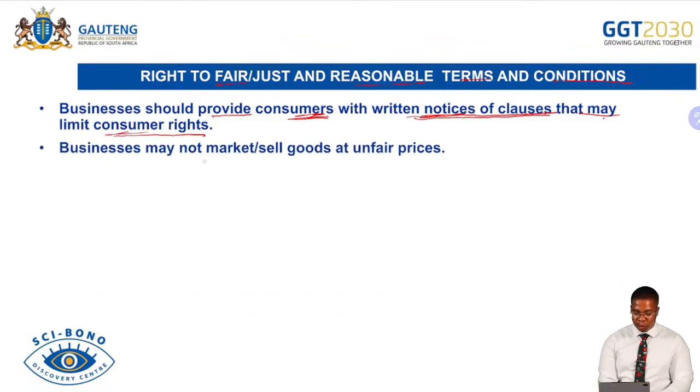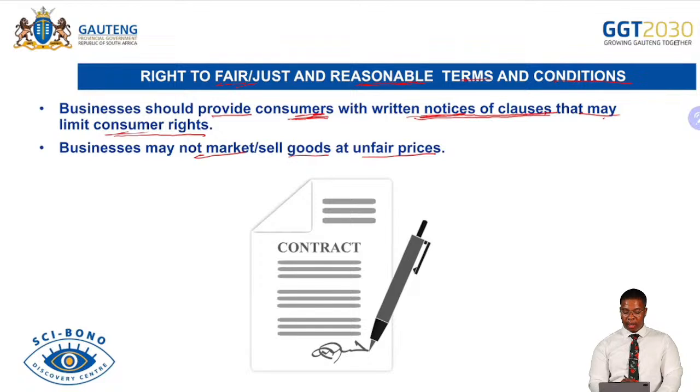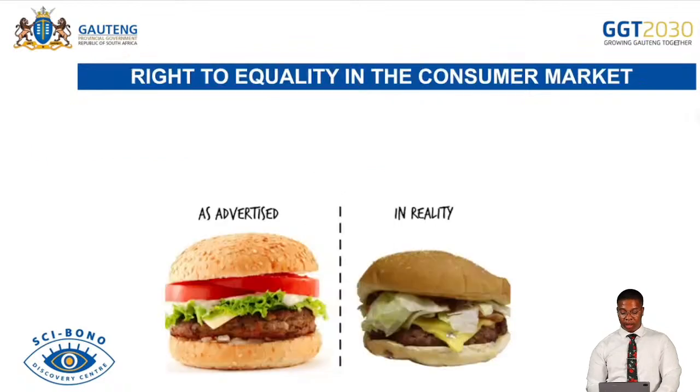Furthermore, businesses may not market or sell goods at an unfair price. That will not be fair, that will not be reasonable in terms of selling to the consumer. Then they should not do that. And with the contract as well, the clauses should be clear to say when you are buying this product, you may not return it. So it should be clear.